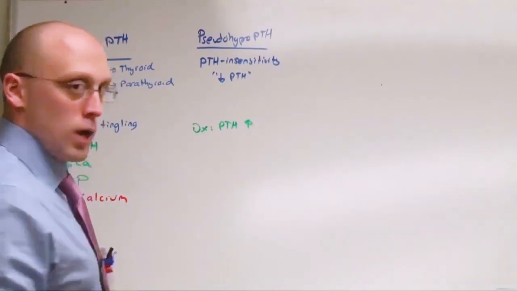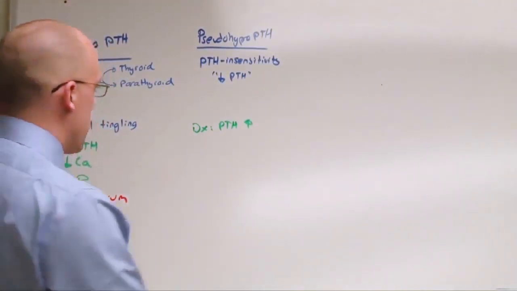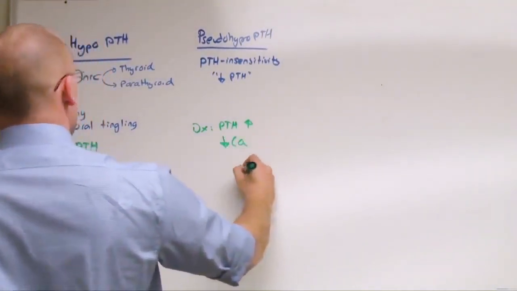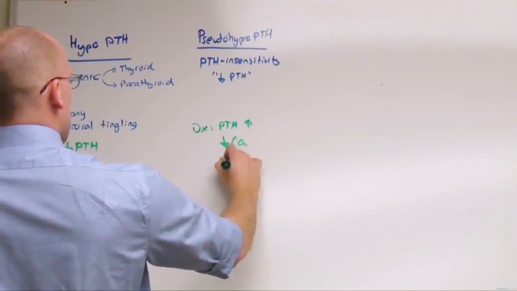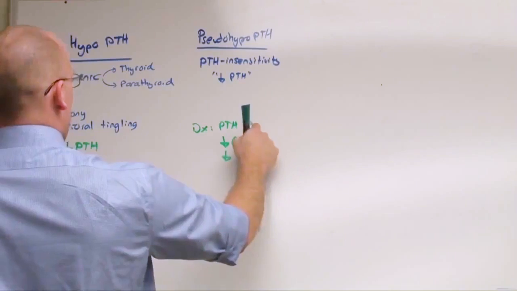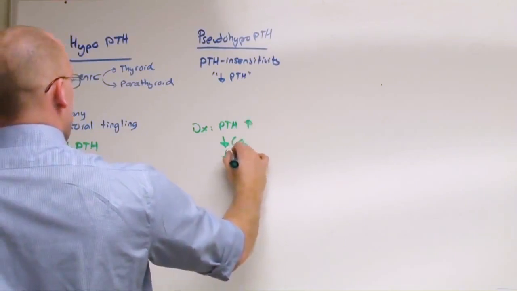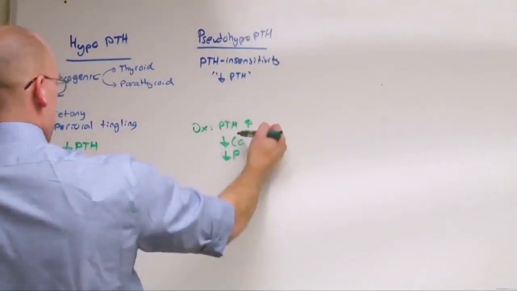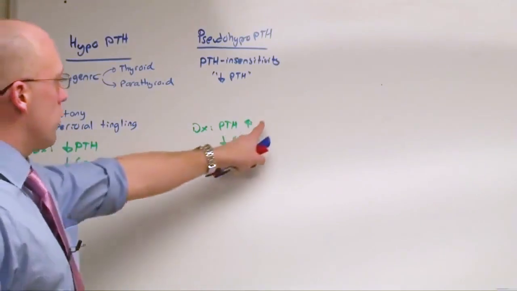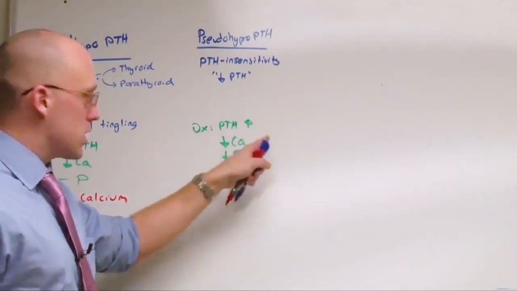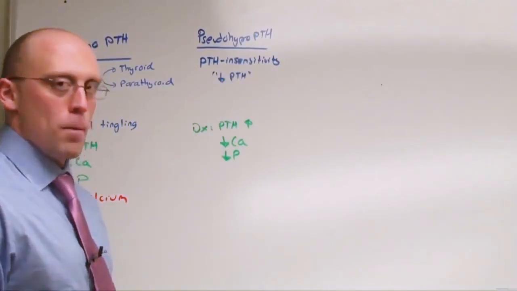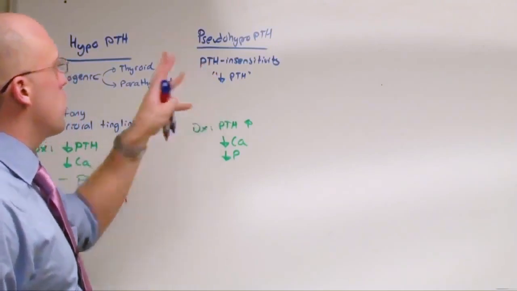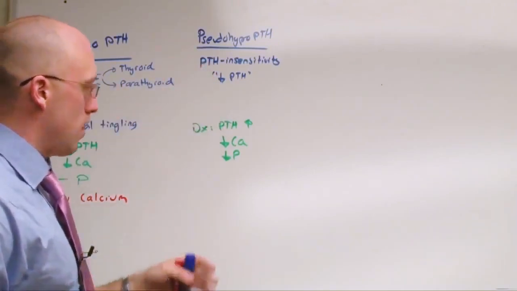This is hypocalcemia, and so you're going to have decreased levels of calcium. And because you don't have a lot of phosphorus, because you don't have a lot of parathyroid hormone, low levels of phosphorus. Just be able to identify it. Elevated parathyroid hormone levels, but low calcium. If you see this combination, it's pseudohypoparathyroidism. Terribly named disease. It just means parathyroid hormone insensitivity.